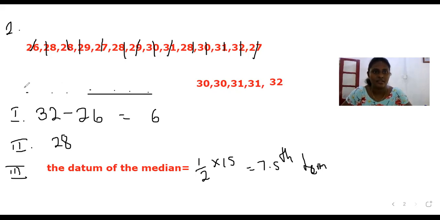We had the smallest value 26. After that, we had 27 2 times. We had 26, then 27 2 times. After that, we had 28 4 times.